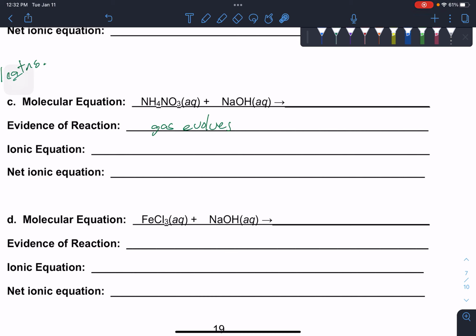Okay, just like before, and maybe go just a little bit faster. Here are our ions. We do the double replacement. I'm going to do the easy one first. Those are the spectator ions.